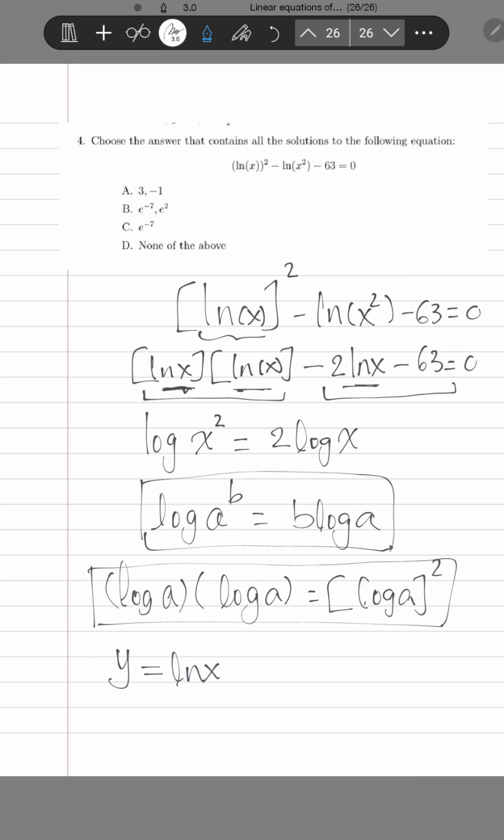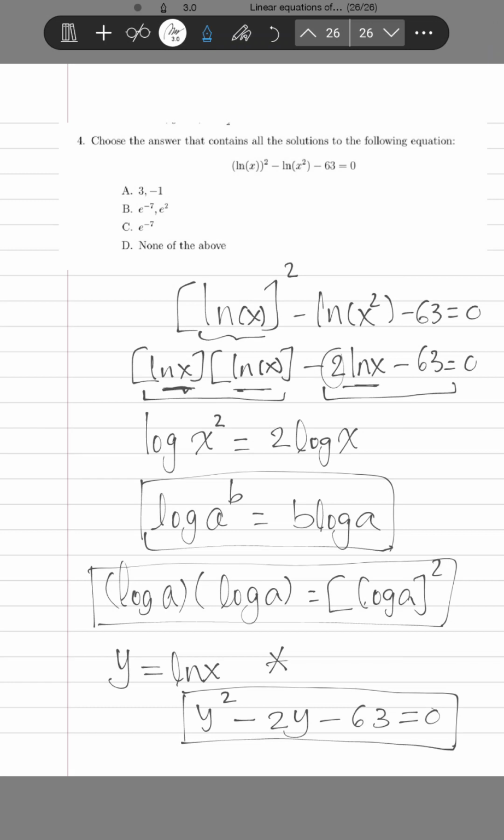In this case, it's going to be y square minus 2y minus 63 is equal to 0. The objective is to solve for y, and then go back to our substitution to find the value of x.